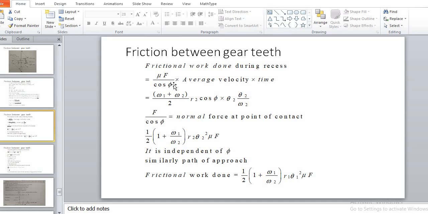Both work done terms are added to each other, and we get the total frictional work done. From it, we find the maximum work done by differentiating the total frictional work done with respect to the total path of action.